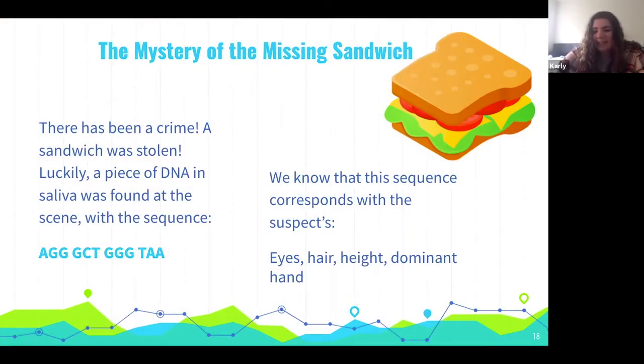Coming back, what these correlate to would be blonde hair, blue eyes, medium height, and right-handed dominance. So I guess somebody with blonde hair and blue eyes stole our sandwich, unfortunately.